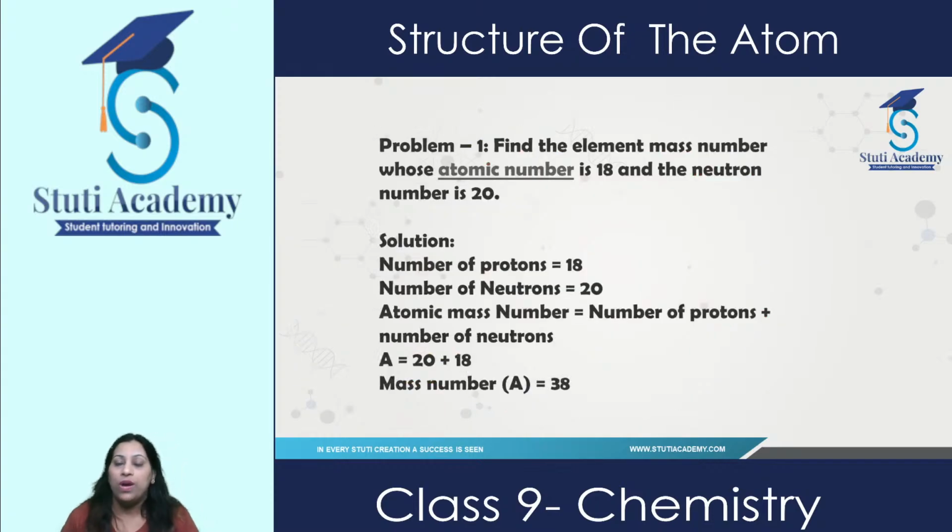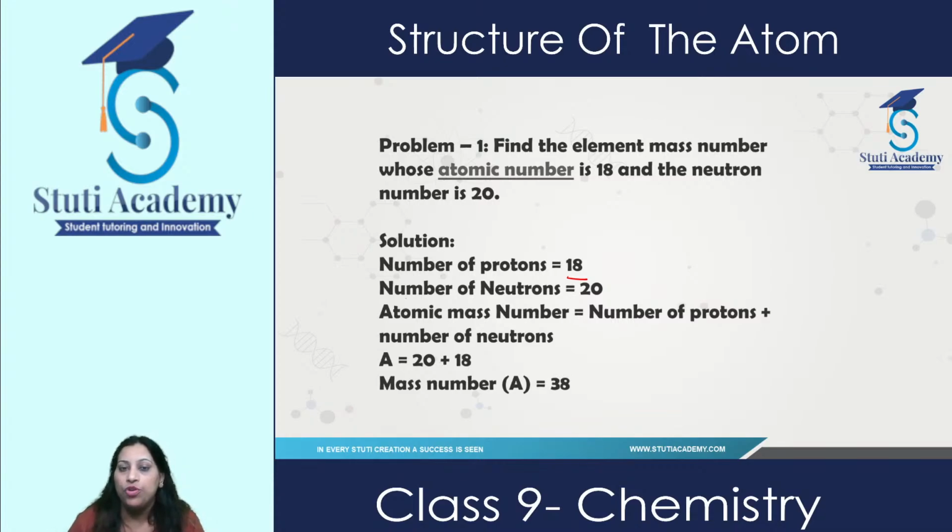Now, what kind of question can come in exam? Just take a look. Find the element mass number whose atomic number is 18 and neutron number is 20. So, number of protons is given, which is 18. Atomic number is equal to this number of protons.